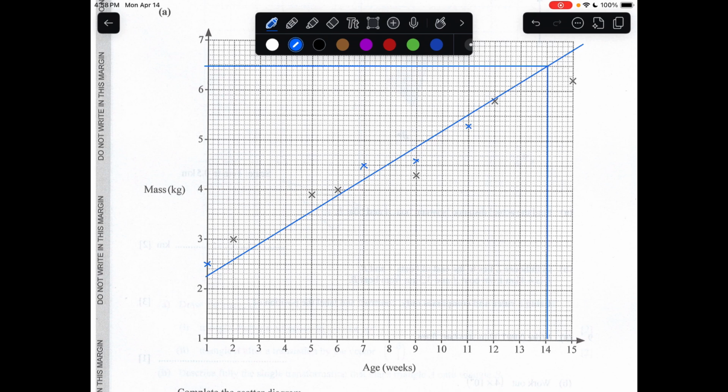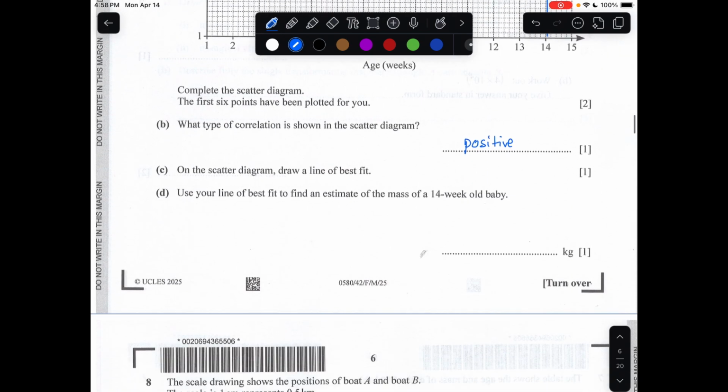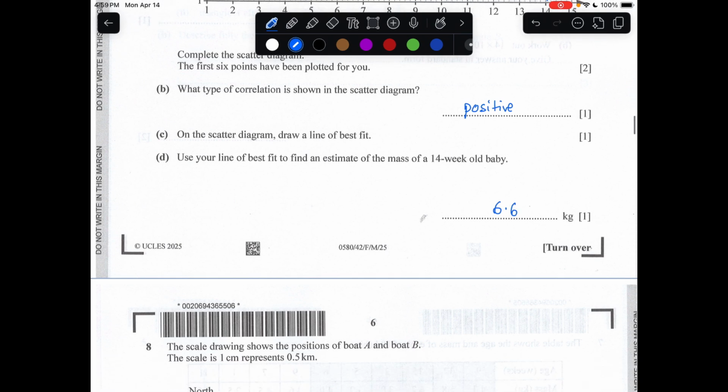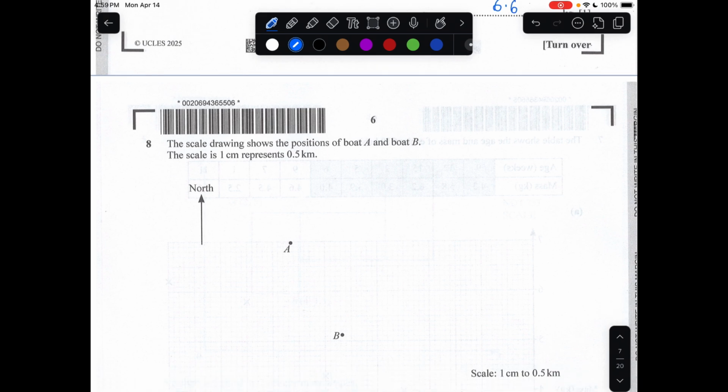So this turns out to be 6.5. Yeah, 6.5, 6.6 is all accepted. It depends upon your line of best fit. Let's move on to the next question.